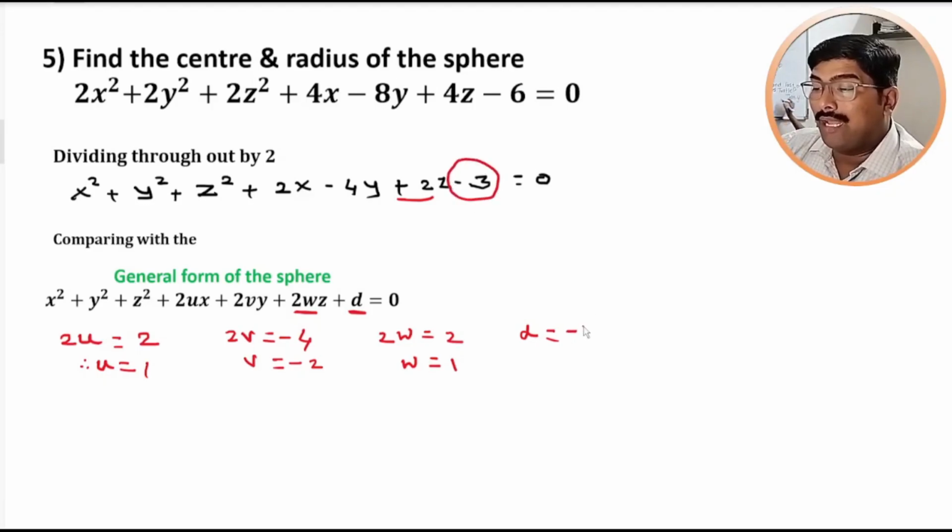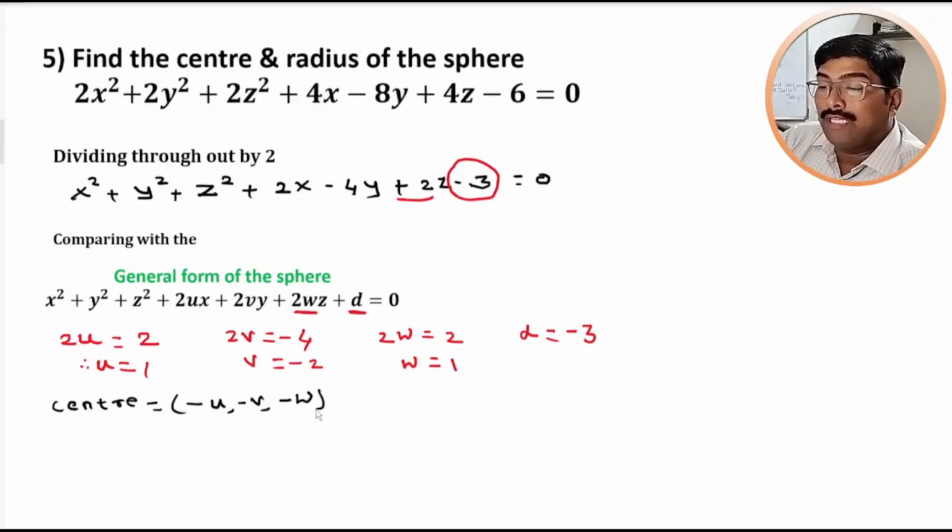So you can write d as minus 3. Therefore, in case of the general form, the center is given by the bracket minus u, minus v and minus w. Just you have to substitute the values for u, v and w.